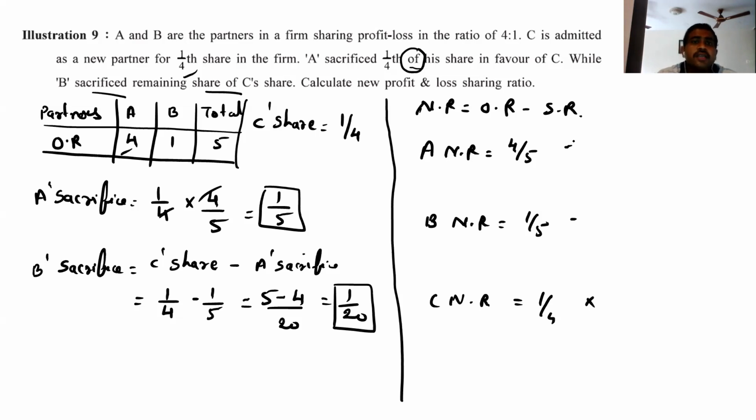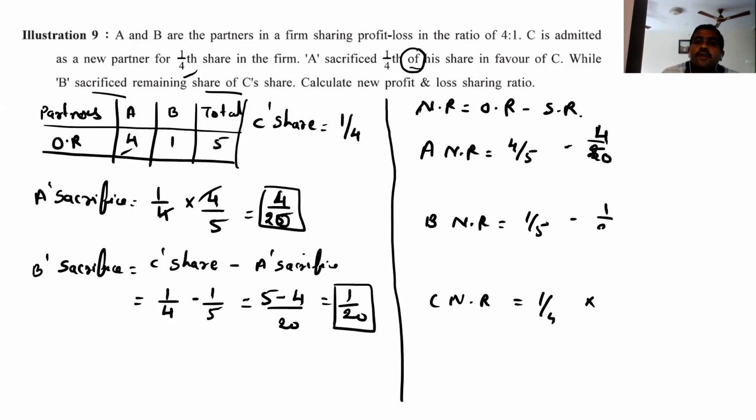Now we are sacrificing A and B. So what is the A sacrifice? 1/5, right? Or do one thing, we can make 20 only, so there will be no issue. So I'm just making this 4/20, not cancelling, because again the denominator will change and we have to do a lot of work. So let it be same as this. Okay, 4/20.